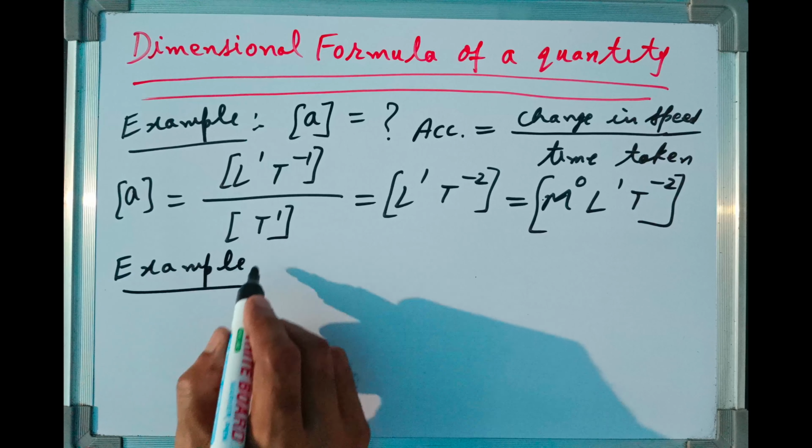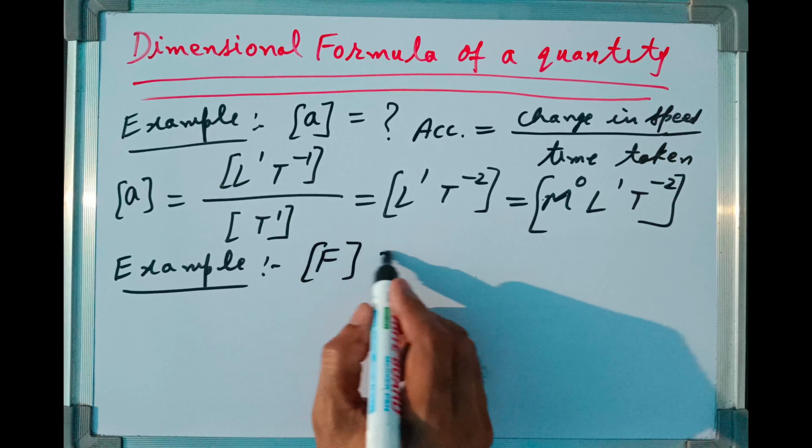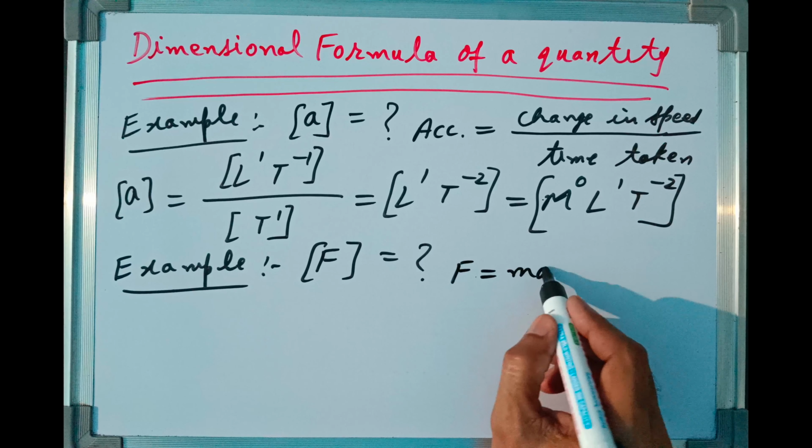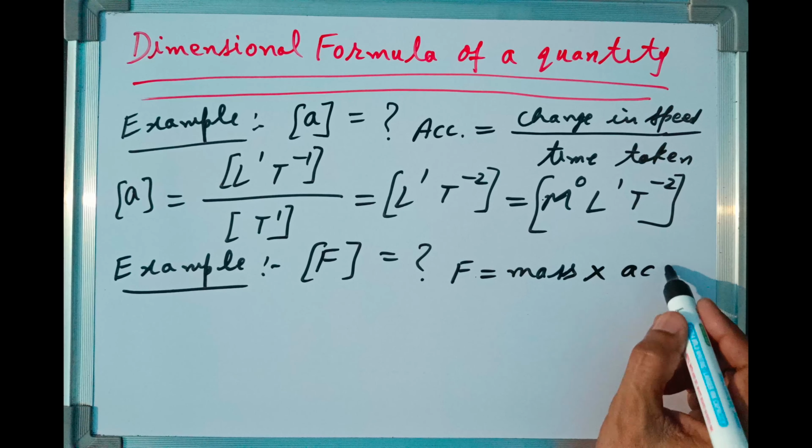Suppose we are asked to find dimensional formula of force. Again, we shall consider the definition of force. Force is defined as mass of body multiplied with acceleration of the body. We know this part.